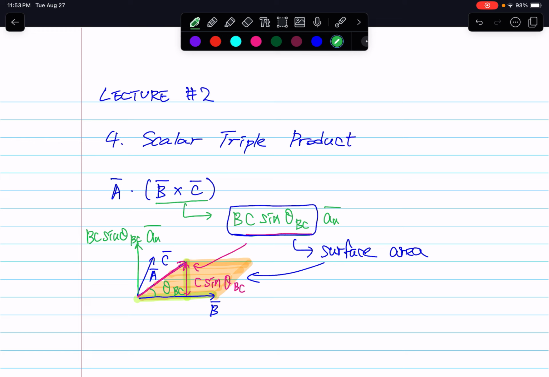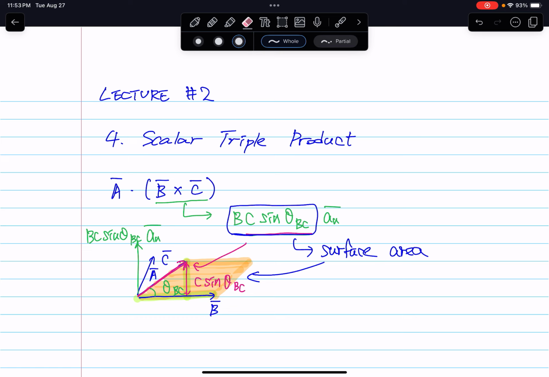So if you do an inner product of A with this new green vector, which is a result of B cross C, then essentially what we're doing is we are multiplying A, right? And we're multiplying the magnitude of the result of B cross C, right?